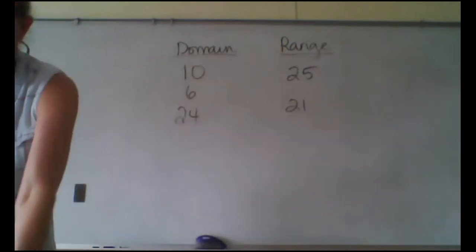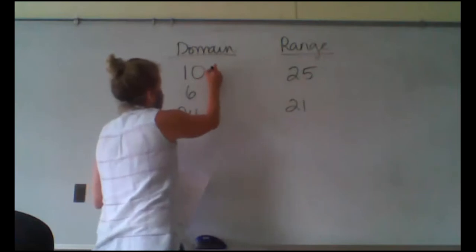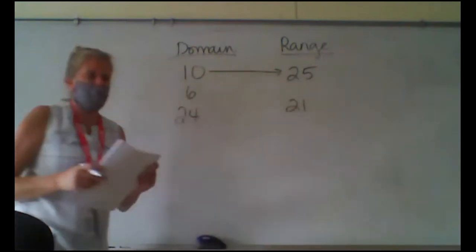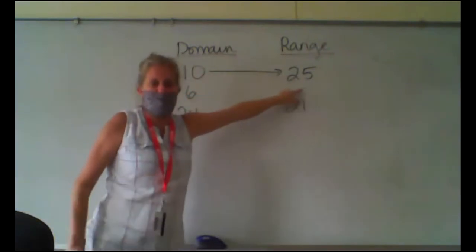Then it has arrows going from the numbers in the domain. The arrow coming from the 10 goes straight to the 25, which means this number in the domain only went to one number in the range.